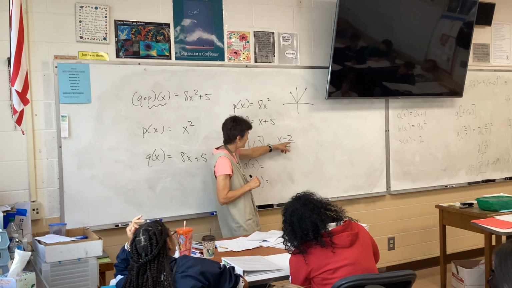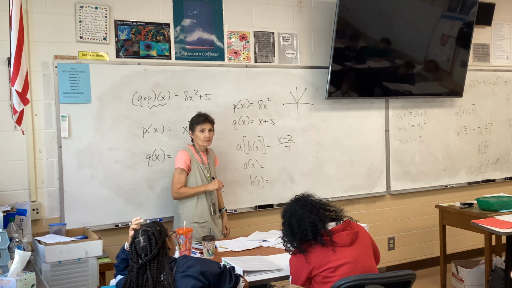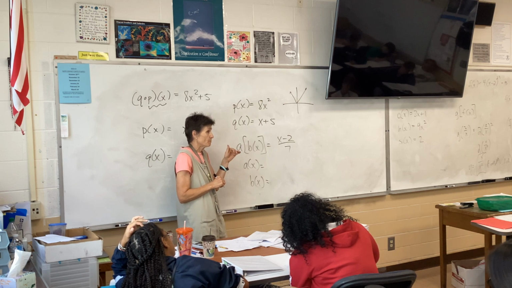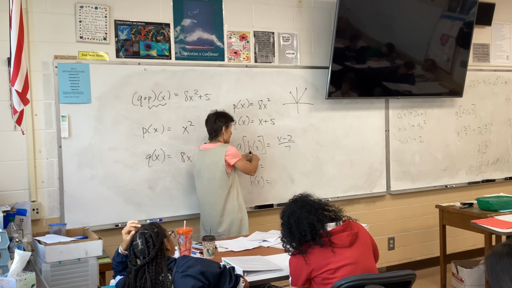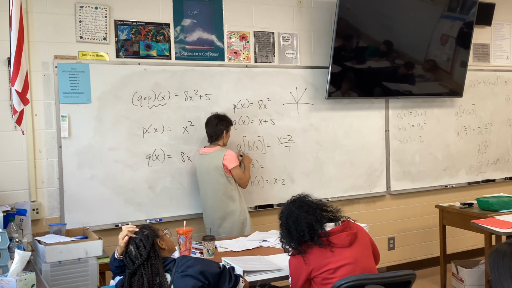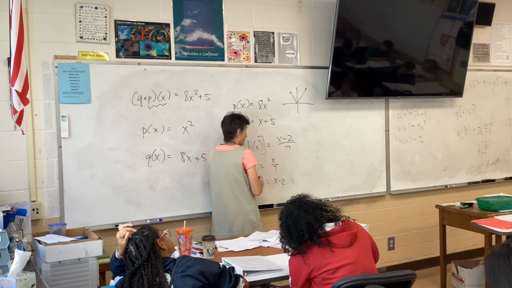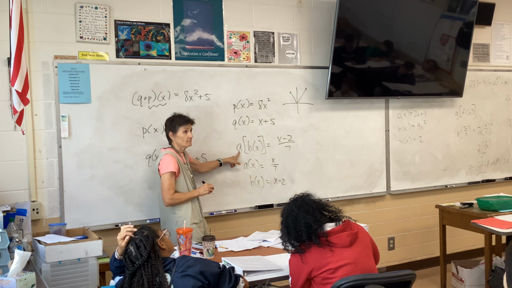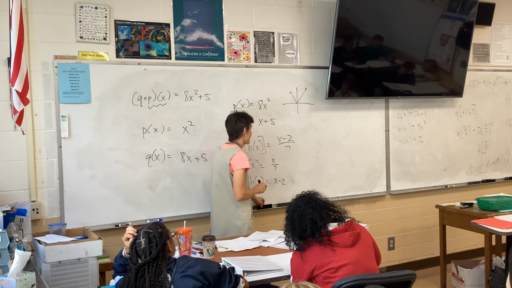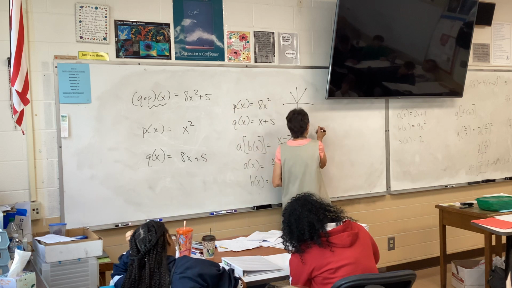We have to subtract 2 and divide by 7. And we have to do it in that order, which means that B has to subtract 2, and A has to divide by 7. Not really anything else to do with that one.